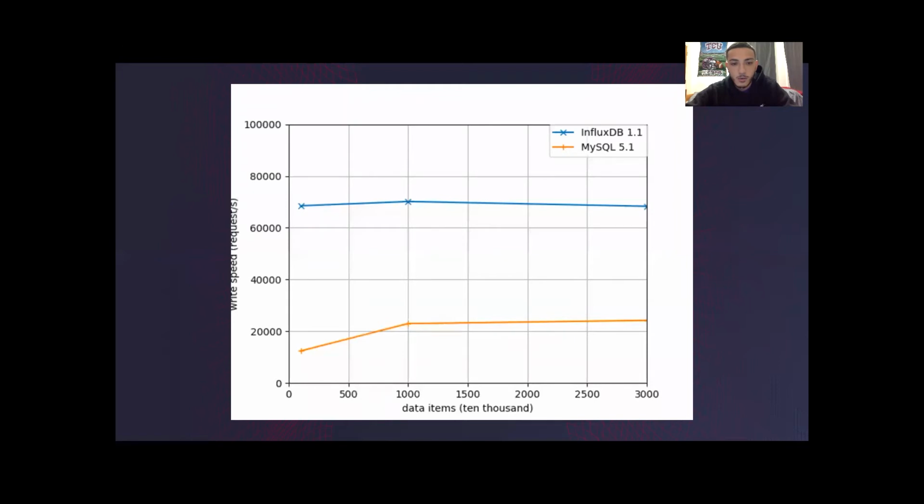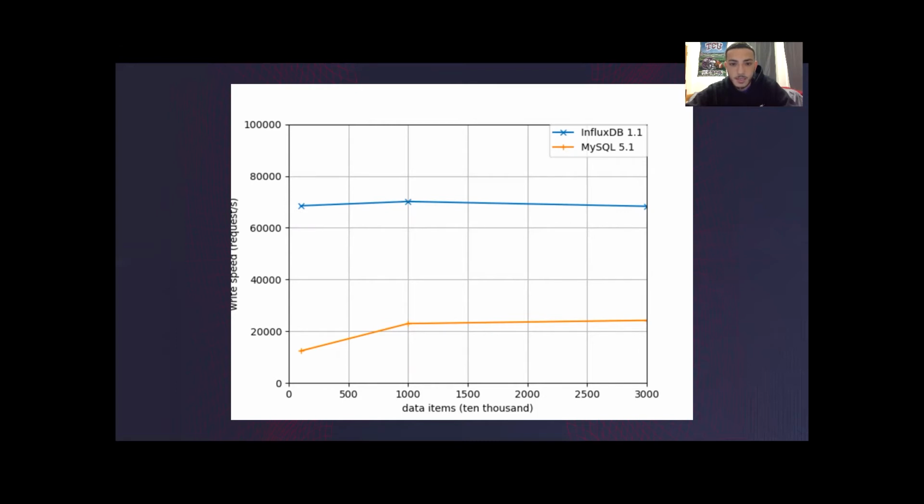And then here we have a graph that compares the two types of databases. We have MySQL and InfluxDB. This is the write speed of the two databases. So you can see here, InfluxDB is typically around 3 times faster than MySQL for the write speeds.